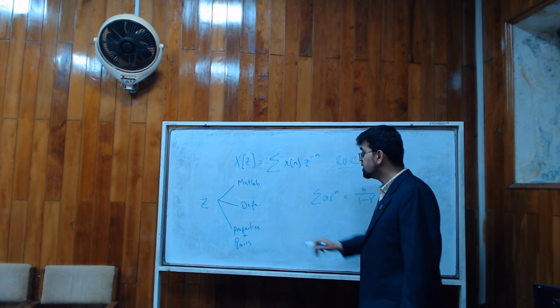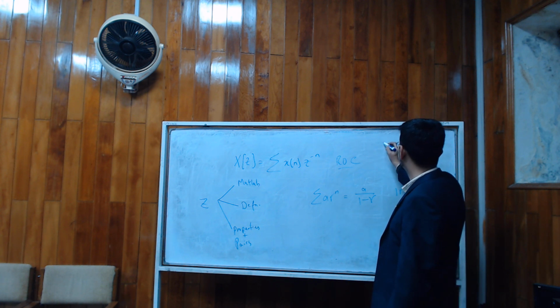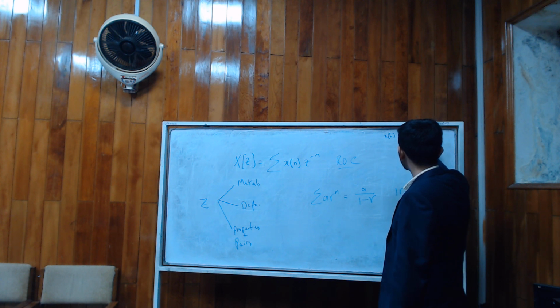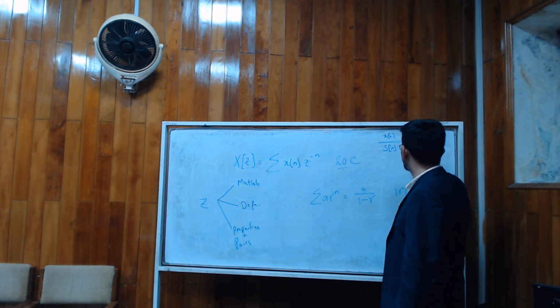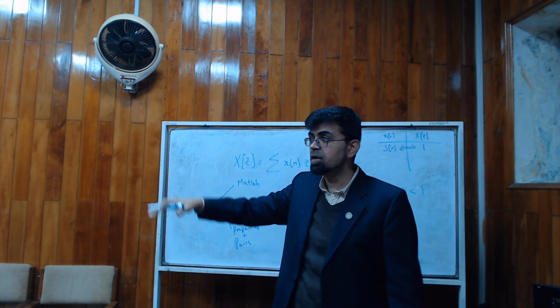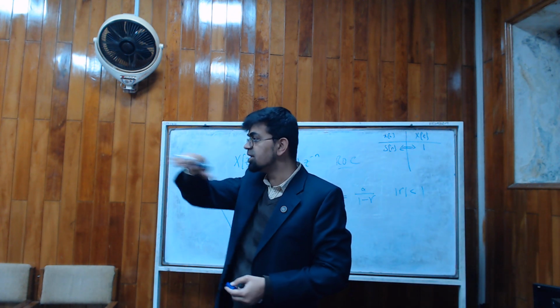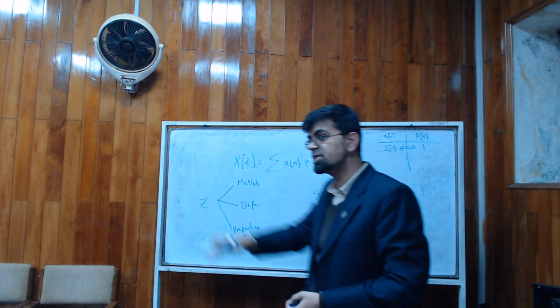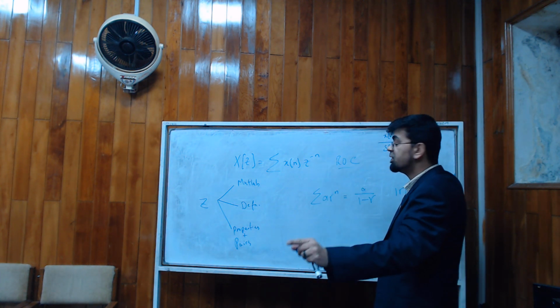Which signals did we apply the definition of the Z transform to? There was a signal in the time domain, and then we found it in the frequency domain. What was it? Delta n, right? What did we find? 1, a constant, right? So an impulse in time becomes a DC, or a fixed constant value, in the Z domain or the frequency domain.